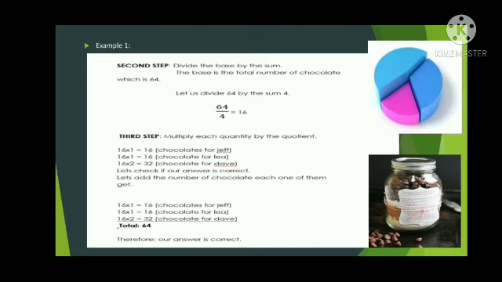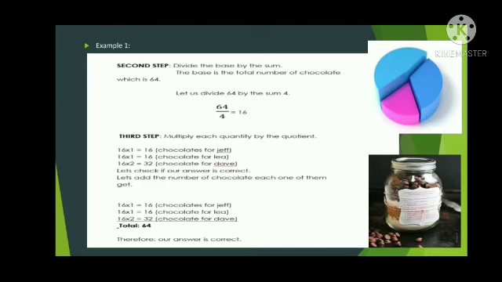Therefore, Jeff has 16 chocolates. Next, we have 16 as our quotient times 1, the ratio of Leia, which is equivalent to 16. So Leia has 16 chocolates. Next, we have 16 as our quotient times 2, which is the ratio of Dave. So 16 times 2 is 32. So Dave has 32 chocolates.